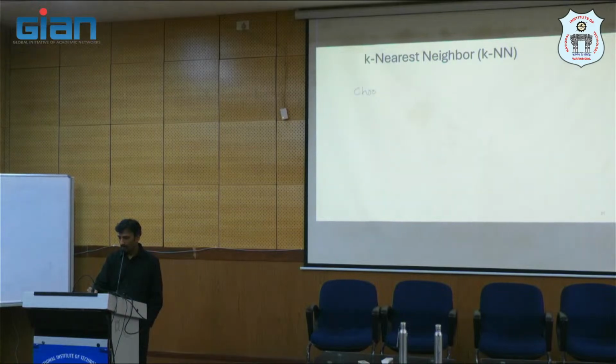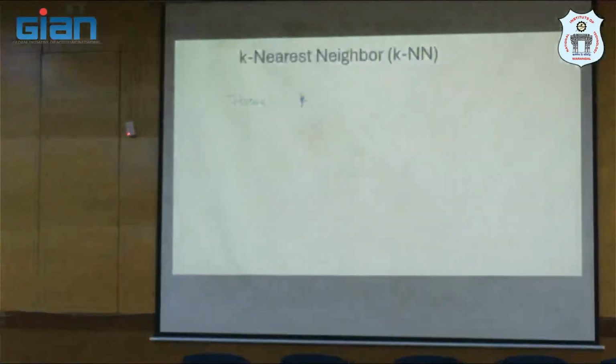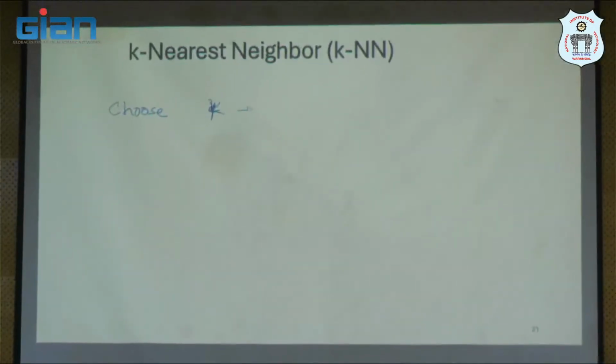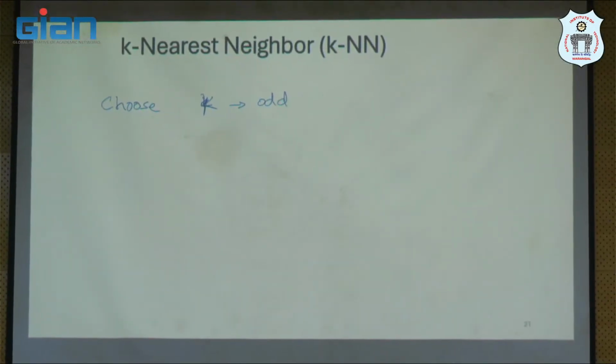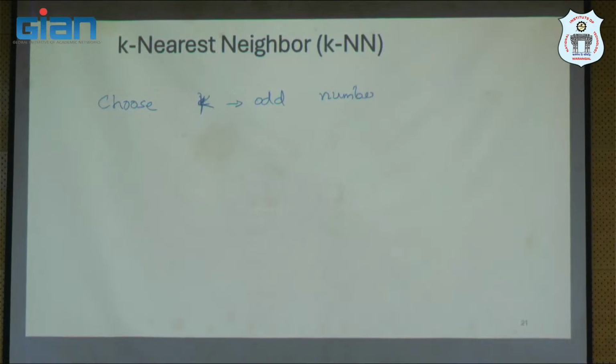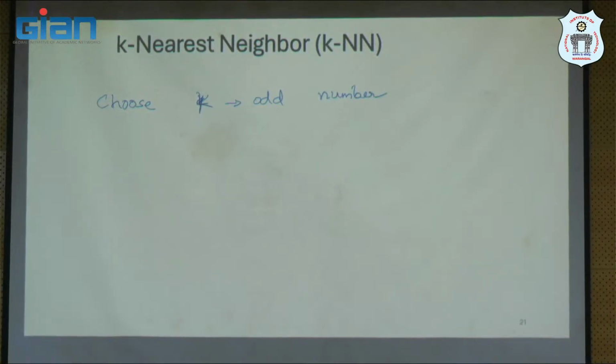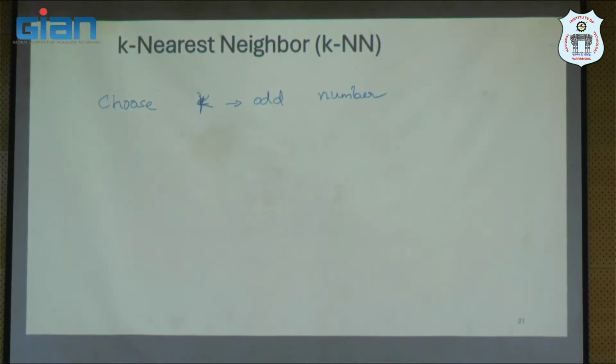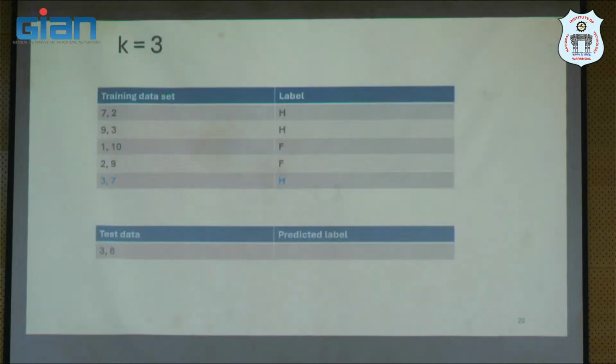Choose k as an odd number. So k can be 1, next one will be 3. So you ask 3 people. Okay? So for the same example, if you ask 3 people, this is root 1, this is root 2, this is root 8.